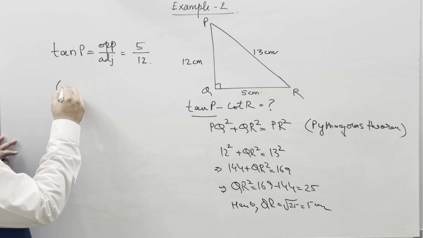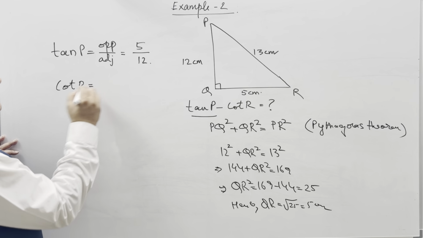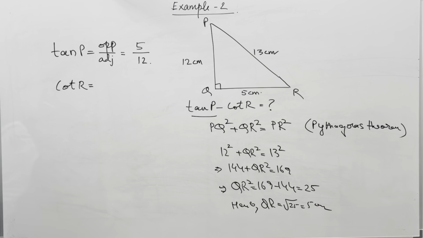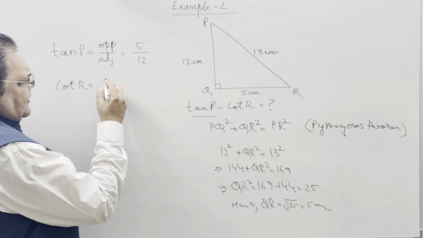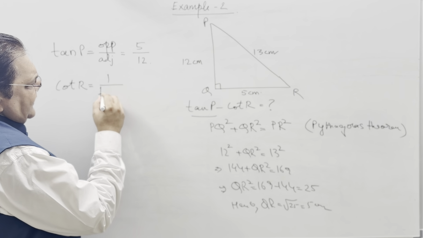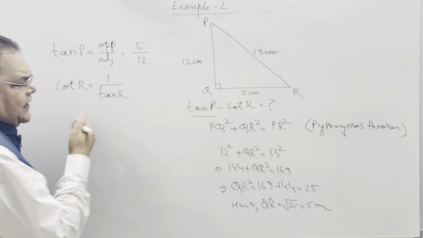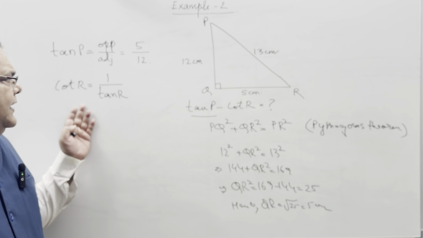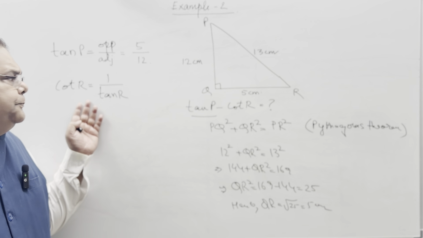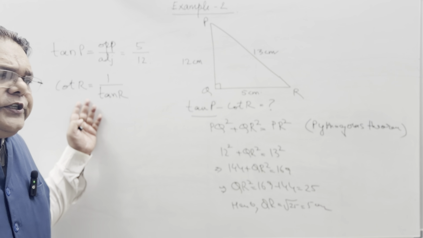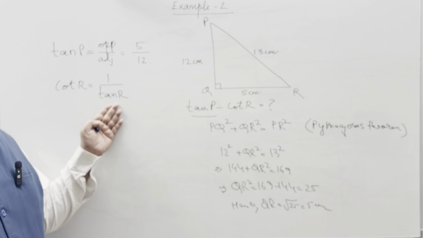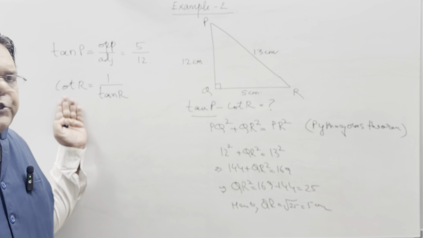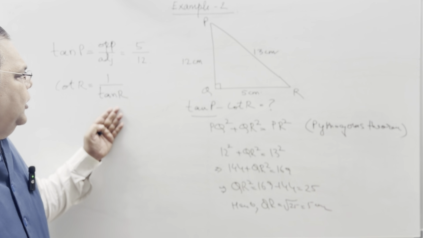Now we'll find cot R. Cot R you can write as 1 by tan R. It means the same. Earlier we discussed about reciprocal trigonometric values. In that we mentioned tan is the reciprocal of cot and cot is the reciprocal of tan.